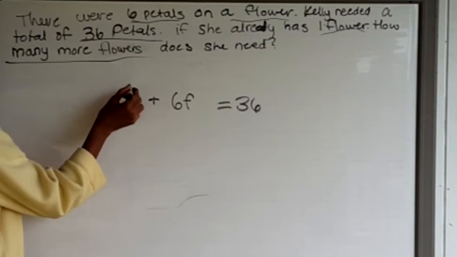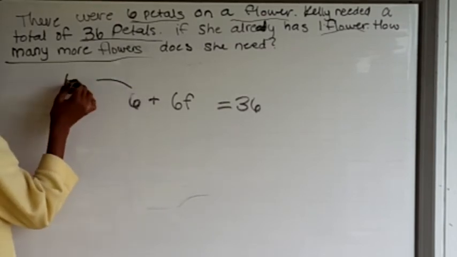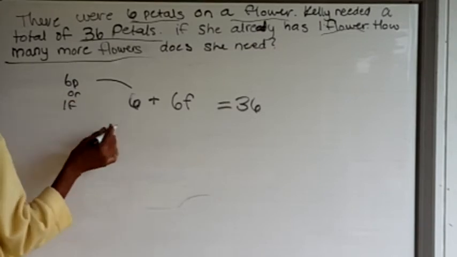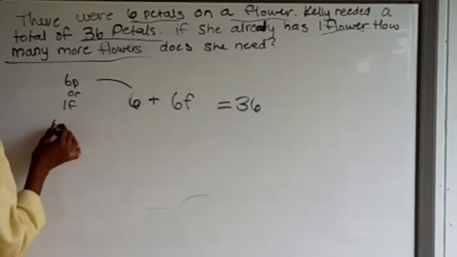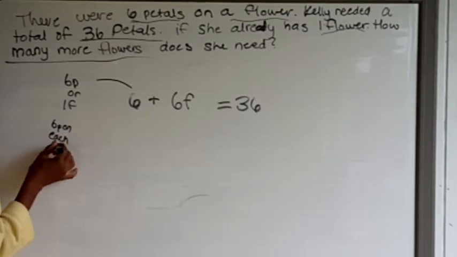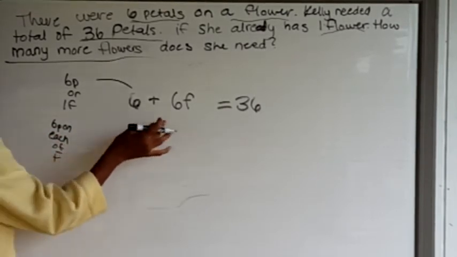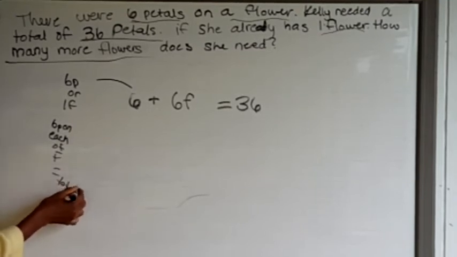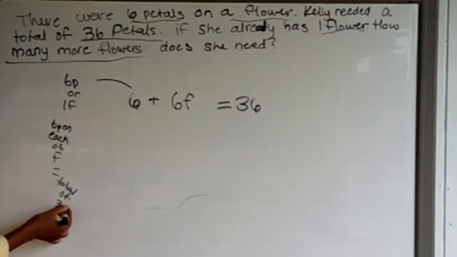So the 6 petals that she already has, or the 1 flower, plus the 6 petals on each of these flowers equals the total of 36 petals that she needs.